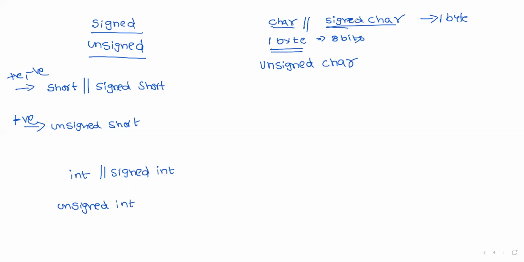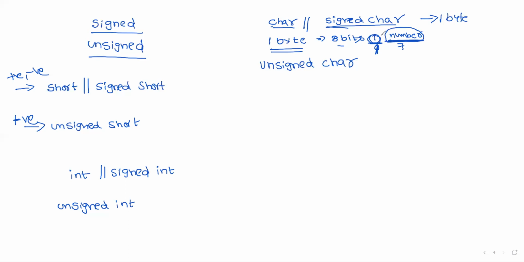Remember, if it is a signed number, among the 8 bits, 1 bit is reserved for sign and the 7 bits are used for storing the number, right? If the sign bit is equal to 0, the number is a positive number. If the 8th bit is 1, the number is a negative number. This is for sign and the remaining 7 bits are only used for storing the number.